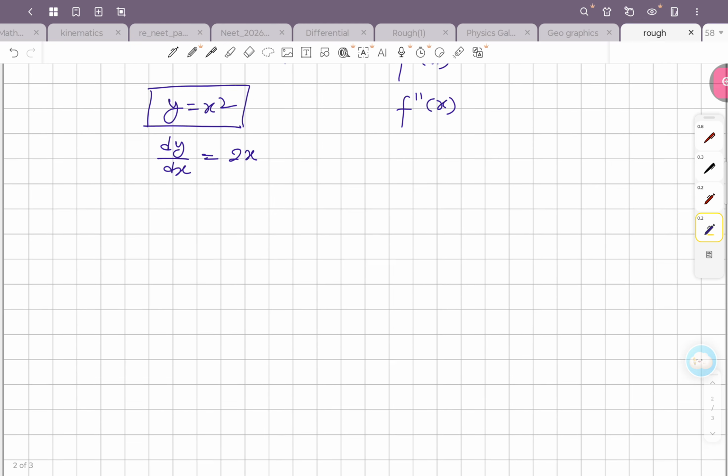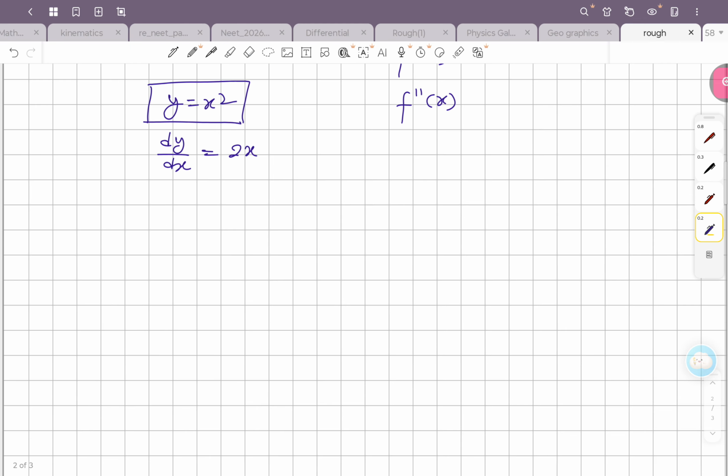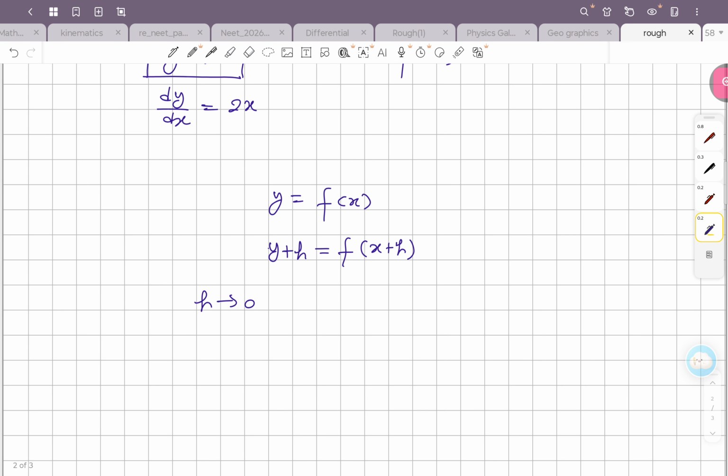Now let's go through the basics of differentiation. Suppose you are given a function f(x), and we add a term h, where h is very small and tends to 0, meaning it is approximately 0 but not equal to 0. It is the nearest to 0, like 0.1, but not equal to 0.